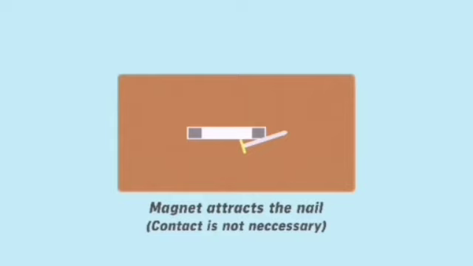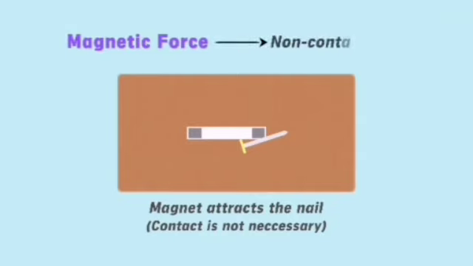The force that this magnet exerts on this nail is called magnetic force. So, contact is not required for magnetic forces to come into play. So, we can say that this force is a non-contact force.